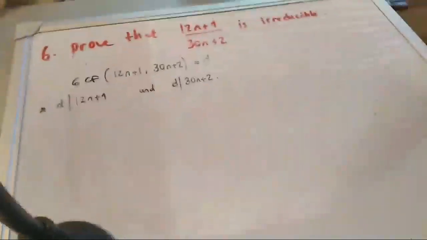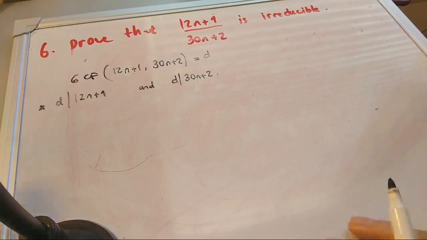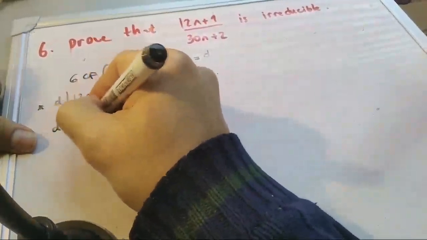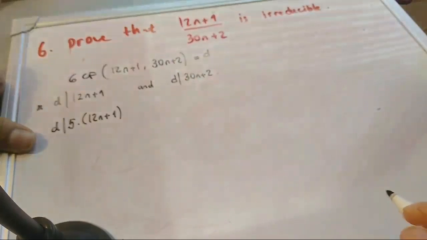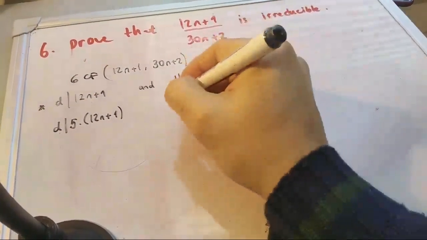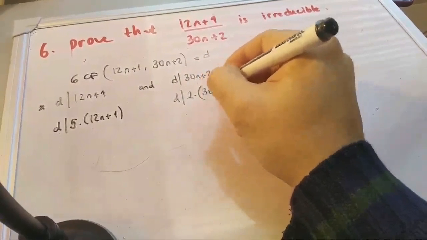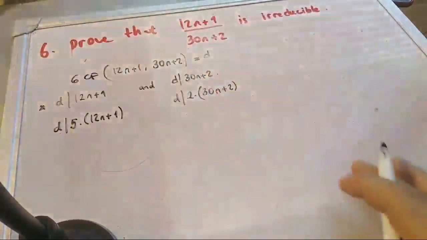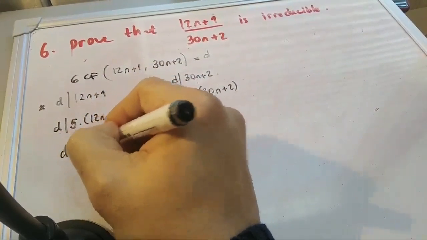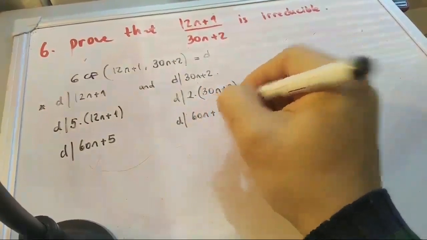So when we multiply 12n plus 1 by 5, d also divides 5 times (12n plus 1), right? And when we multiply the number by 2, still d divides 2 times (30n plus 2). So we will get d divides 60n plus 5, and d divides 60n plus 4.